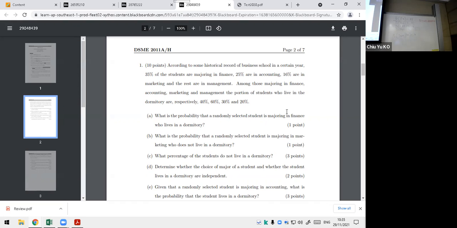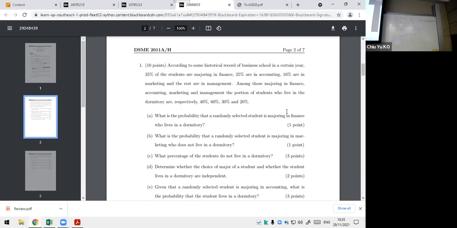The second question is marketing and not in dorm. Let dorm C be the dorm complement, or not dorm, it doesn't really matter.